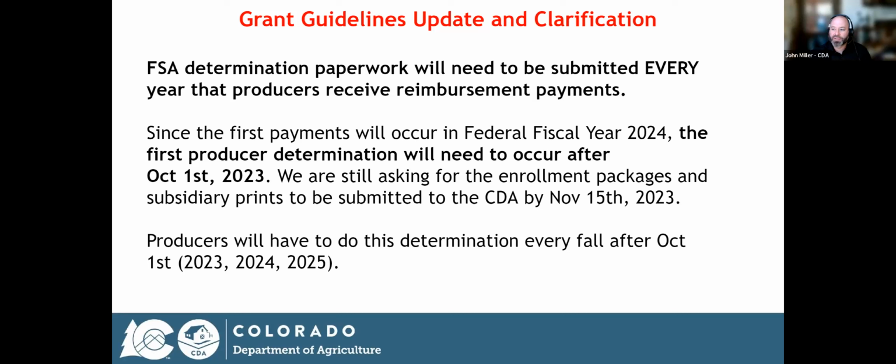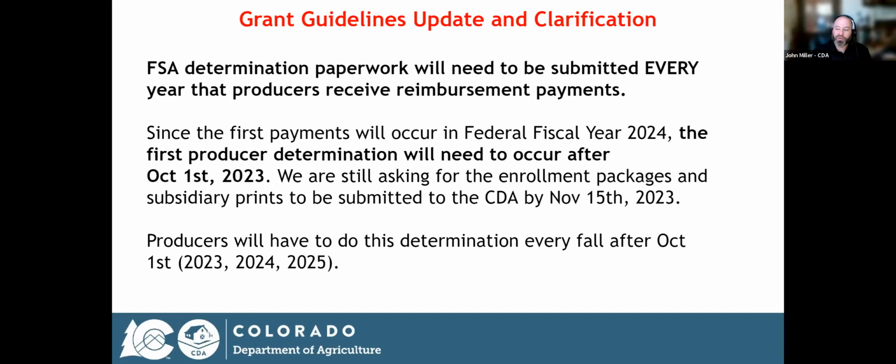So that's quite a bit different from how we had defined it in the grant guidelines when we went through them 2 weeks ago. We were saying that they could begin filling that paperwork out pretty much as soon as possible. We'd like you to start doing their enrollment packages as soon as you get your contracts, but they will not be able to go into the FSA and fill out their FSA paperwork until after October 1st, 2023 for a determination in the fiscal year 2024.